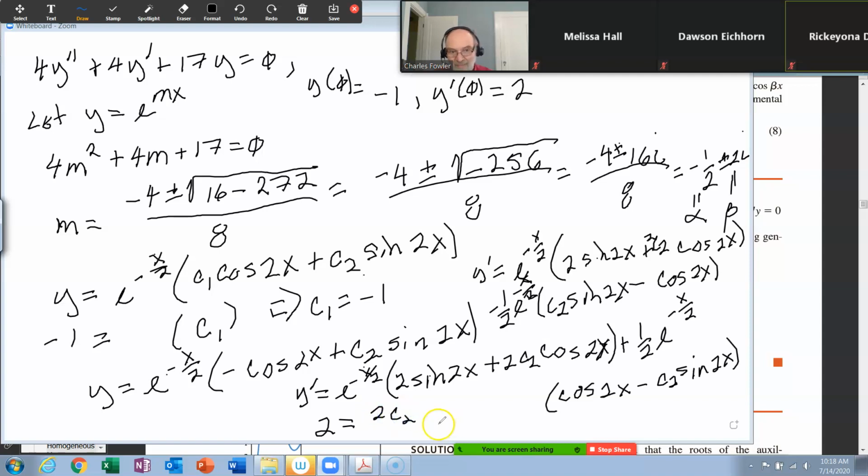That part we had before, but we also have a plus 1/2 from here, and e to the 0 is still 1. And then cosine of 2x at 0 is 1, and then that gives you a minus 0.